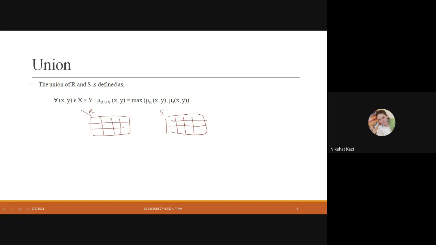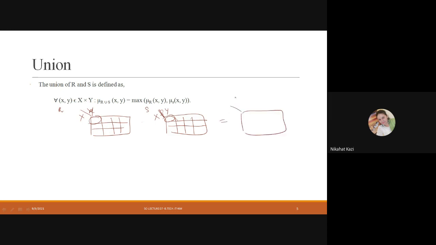What is important here is that both R and S should have the same dimensions. Both have to be X cross Y, with elements from X and Y. To find the union, if there is some membership here and some membership there for these two elements, whichever is the max will be in the resultant.